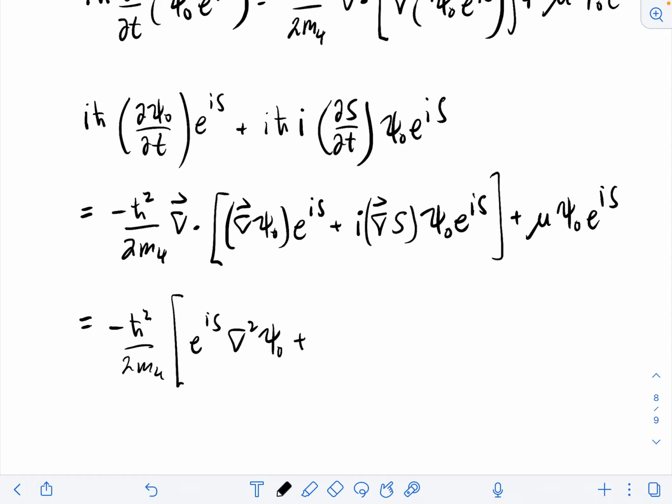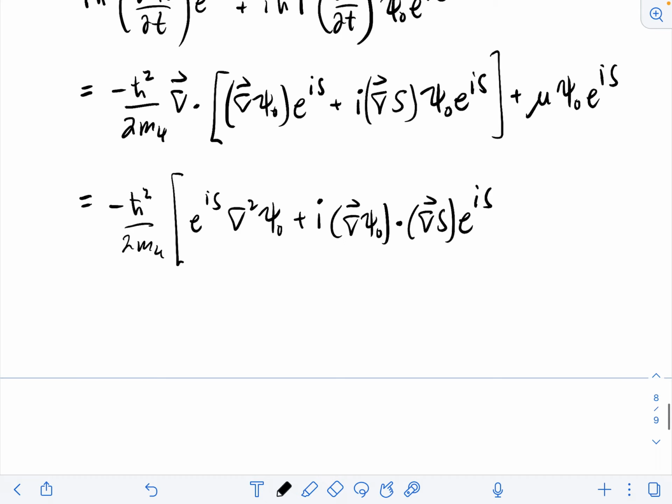So we have to do chain rule, so we're going to get an i coming down from the exponential, then we'll have the gradient of φ0 dotted with the gradient of s, and then we'll have e^(is) still, let's see, plus i φ0 e^(is).